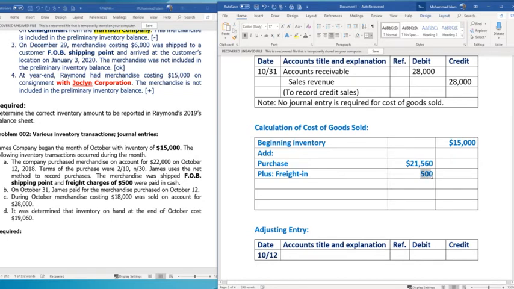So our total purchases is going to be 22,060. The sum of these two is 37,060, which is called cost of goods available for sale.